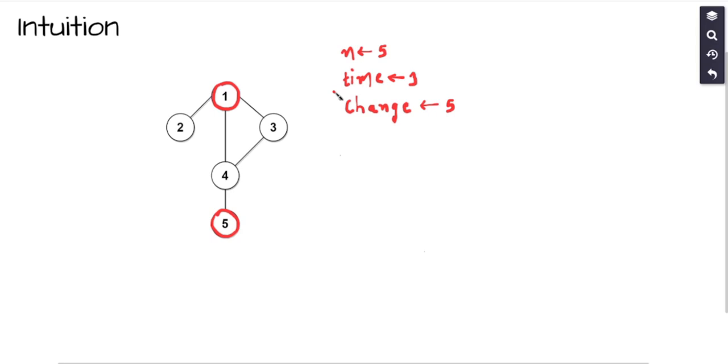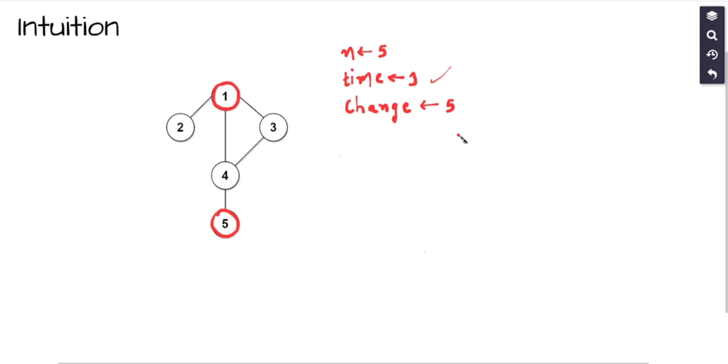This gives me the intuition of using a single source shortest path algorithm like Dijkstra. Can I use BFS here? Yes, because all the edges have the same weight, that is 3 minutes. So I can also use BFS here.